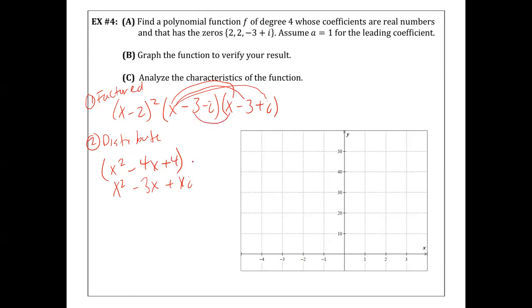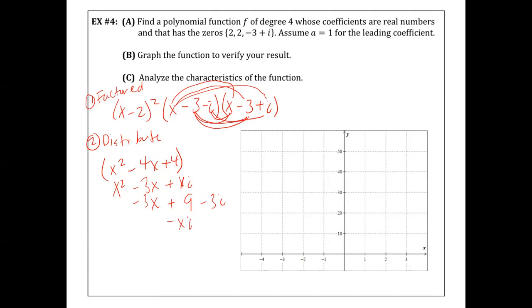Negative 3 times x is negative 3x. Negative 3 times negative 3 is positive 9. Negative 3 times i is negative 3i. Then I have another one to go. Negative i times x is negative xi.